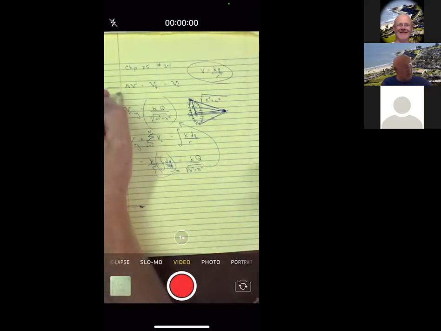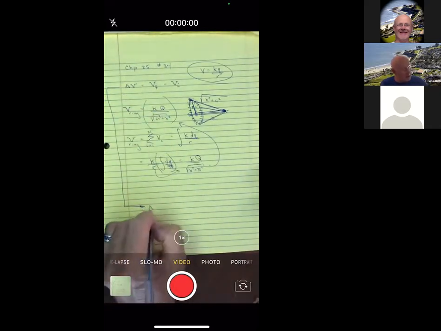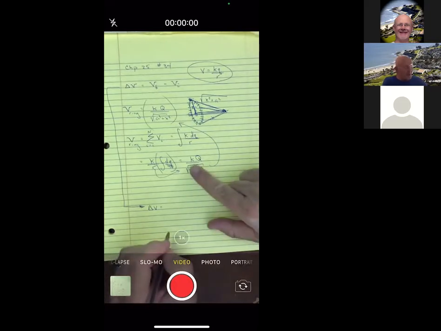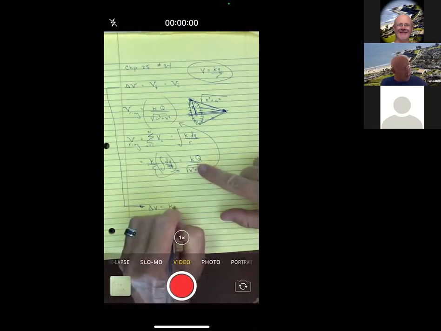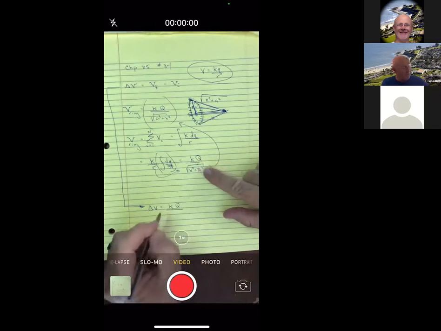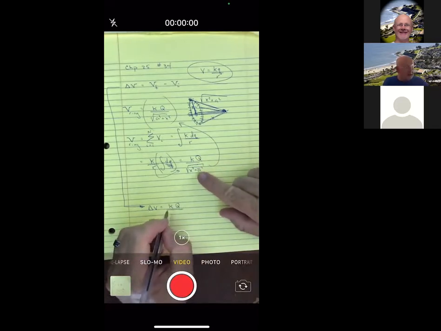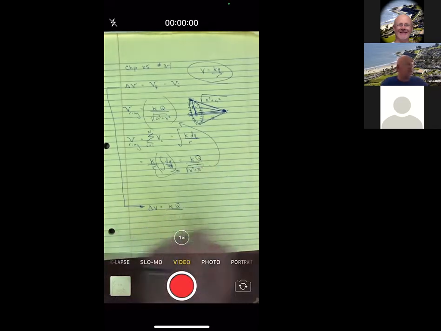All right, so knowing that, I'm going to come back here and say the change in potential then would be this equation, kQ and its final position minus its initial. I need to go back to the problem here.